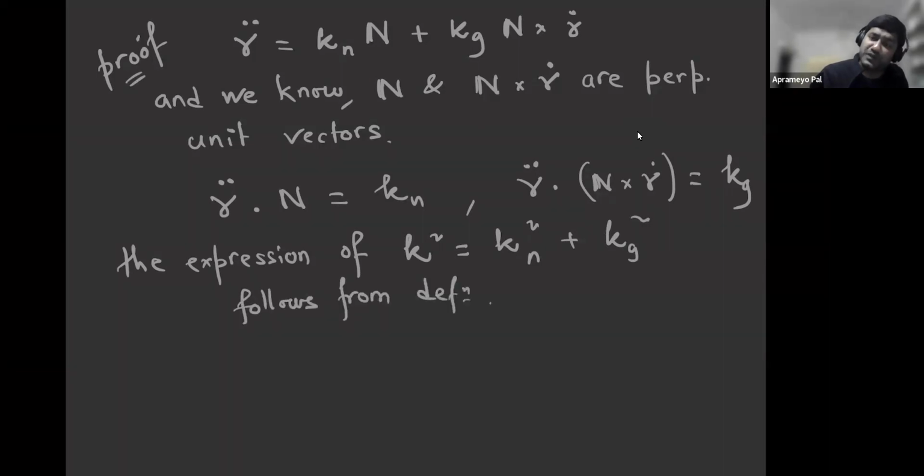Because what is kappa square? It's like gamma dot square, the inner product of gamma dot with gamma dot. Then you take the inner product with itself, but n dot this will be 0 and n cross gamma dot n will be 0. So essentially you get kn square plus kg square.